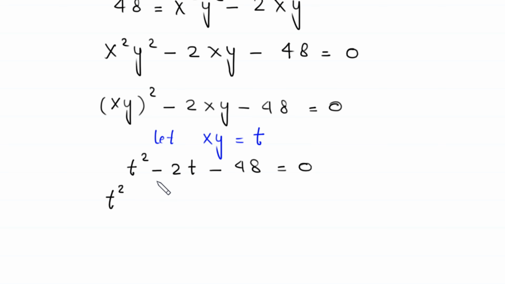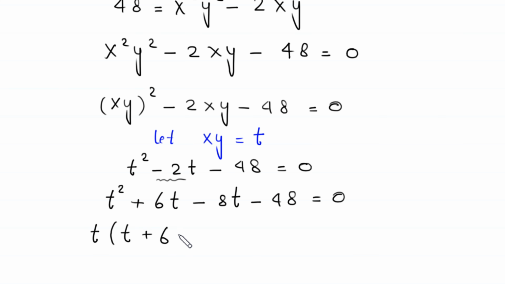We break this negative 2 times t into two terms, plus 6 times t minus 8 times t minus 48 is equal to 0. From these two terms we can factor out t, and in bracket left t plus 6.